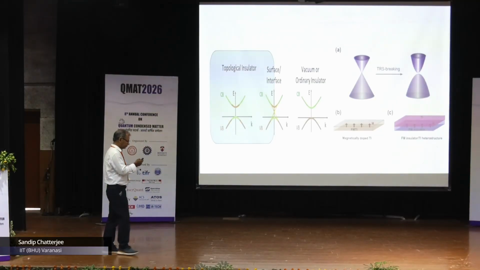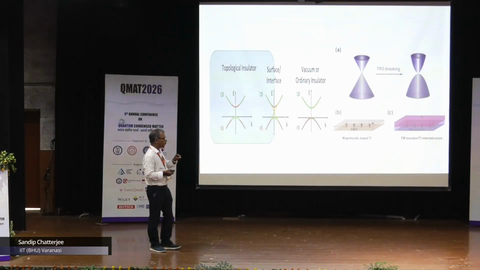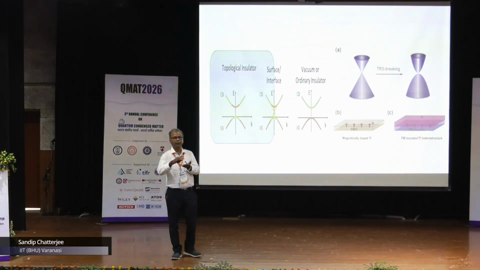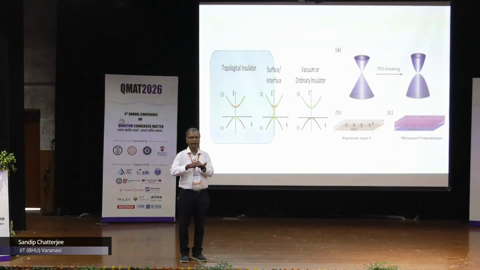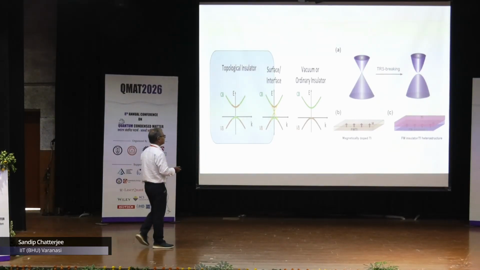But when some magnetic impurity is doped, or there is a heterostructure of magnetic impurity and topological insulator, a gap will open at the Dirac point, and in that case time reversal symmetry will be broken.